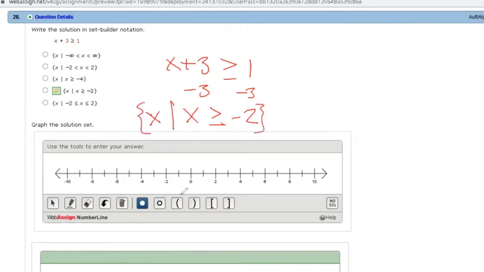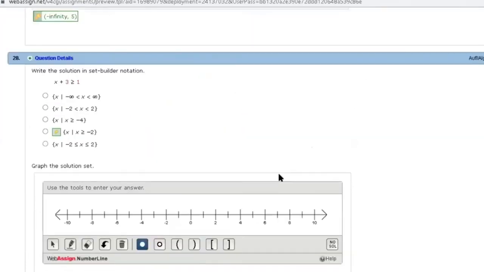And when we graph it, it's going to be a closed circle or a bracket. So we can have a bracket at -2 and shade it this way, or we can have a closed circle here and shade it that way. All right.